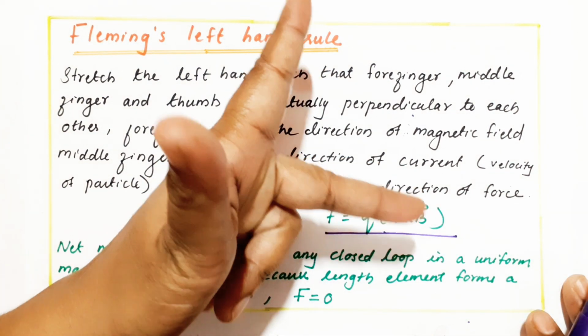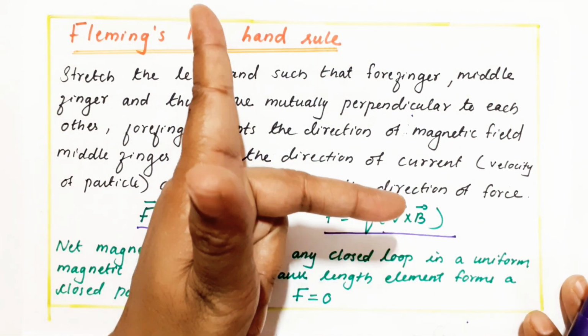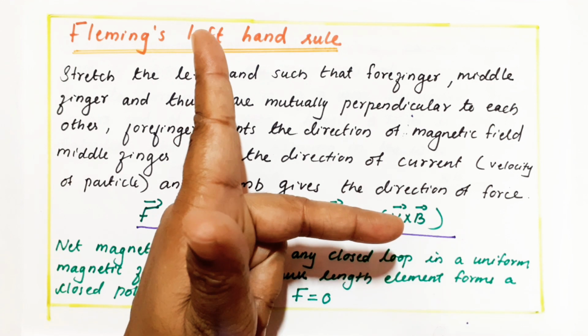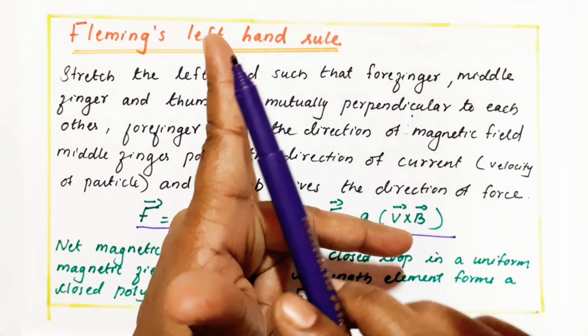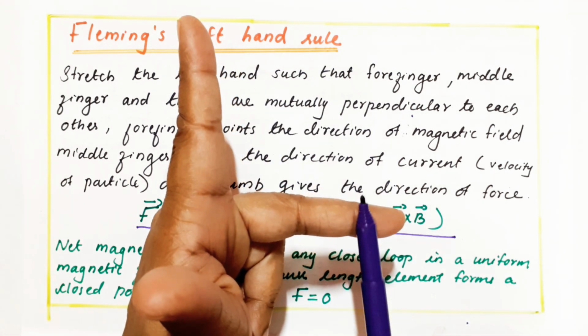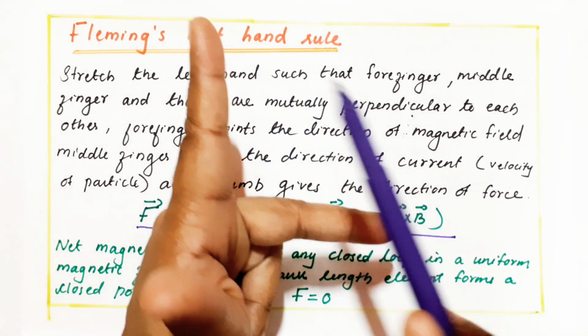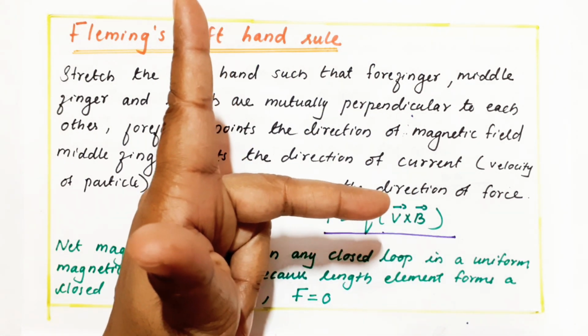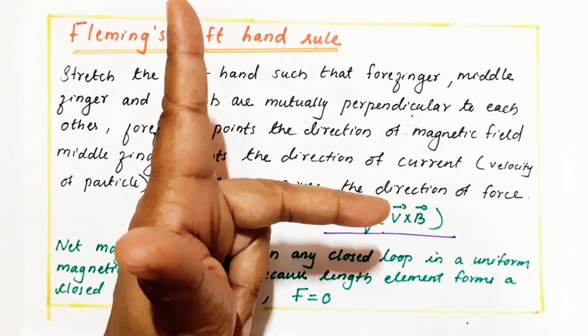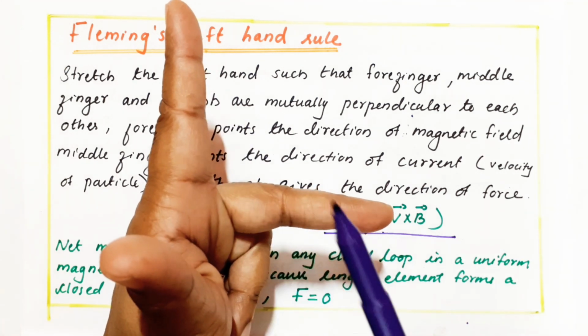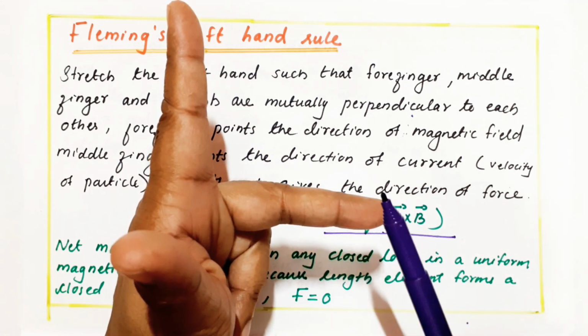Fleming's left hand rule means you stretch your left hand like this. So this is my left hand: thumb, forefinger, middle finger. According to Fleming's left hand rule, stretch your left hand with the forefinger, thumb and middle finger perpendicular.